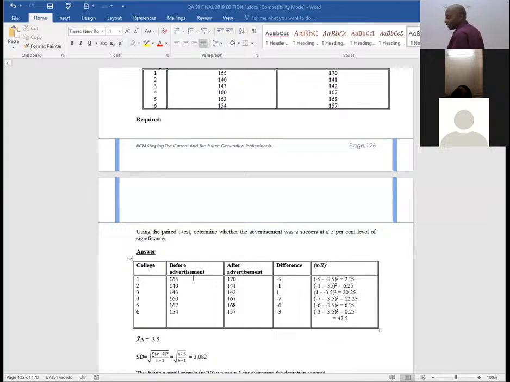So before advertisement, we have 165, 140, 143, 160, 162, 154. That's before advertisement. After advertisement, there was some improvement.